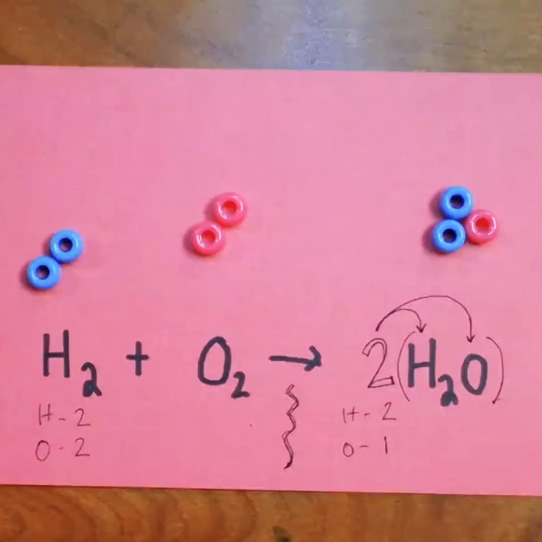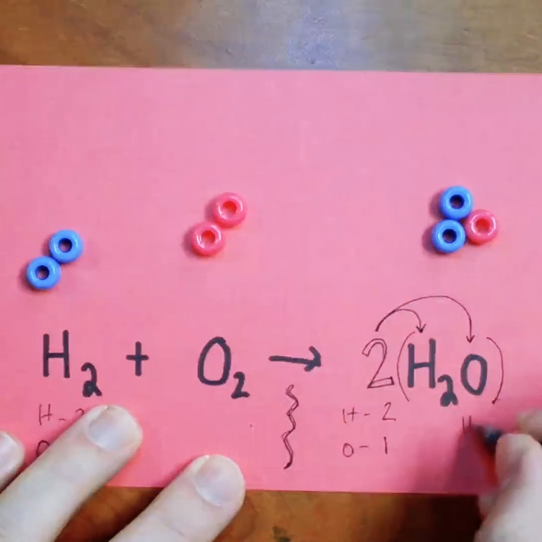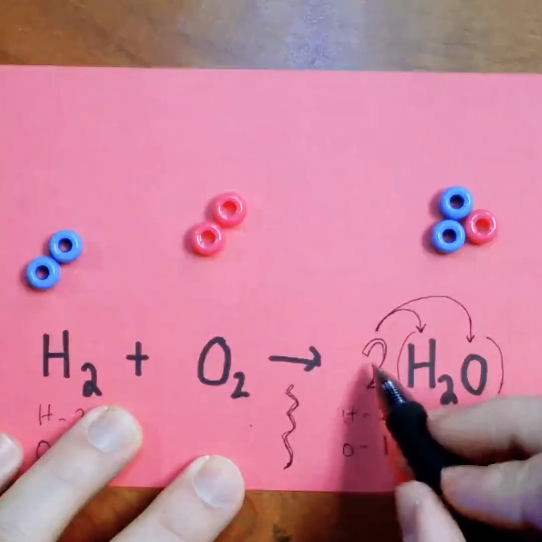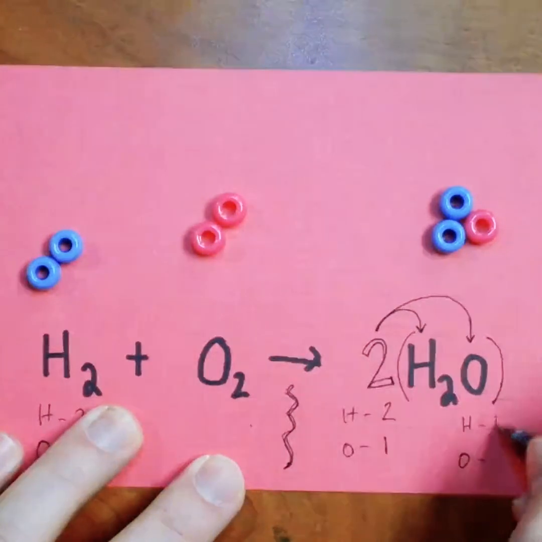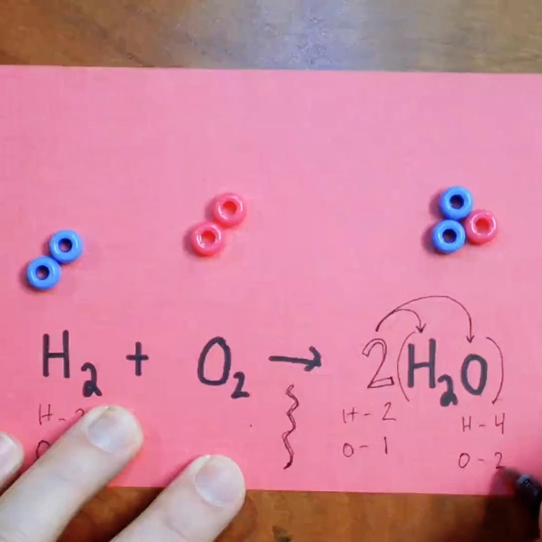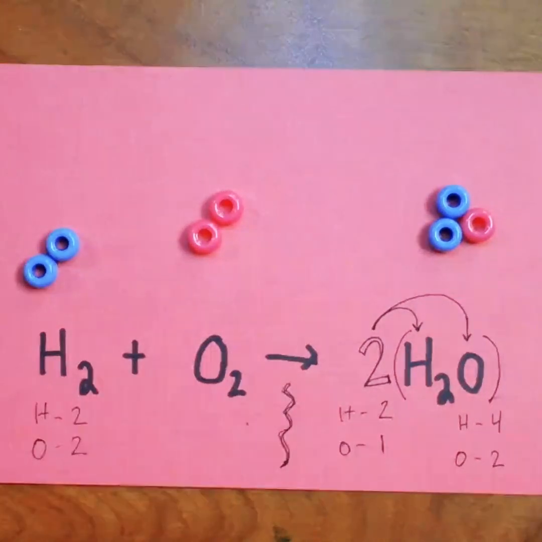And what ends up happening is you get 2 times 2 hydrogen, which is going to be 4 hydrogen. And we get 2 times 1 oxygen, and you get 2 oxygen. So now we have 2 oxygen on the right, 2 oxygen on the left. We are going to be happy.